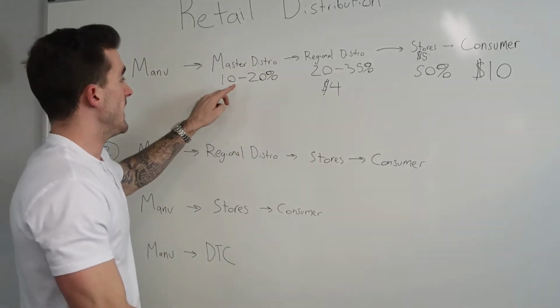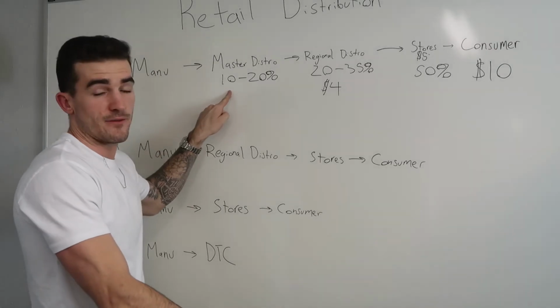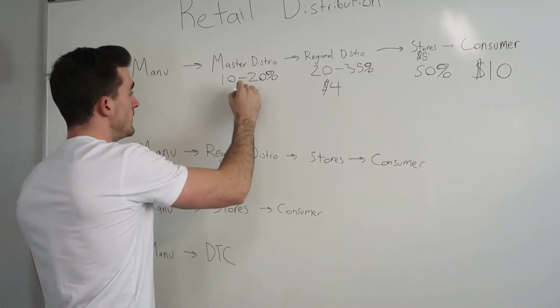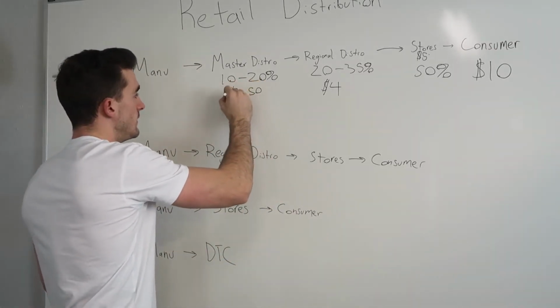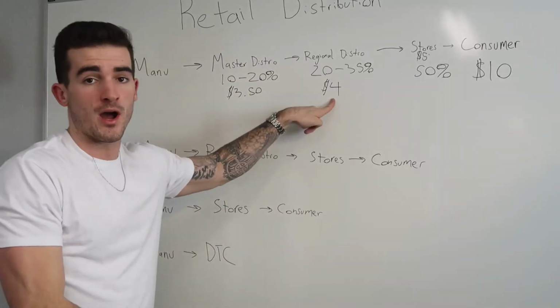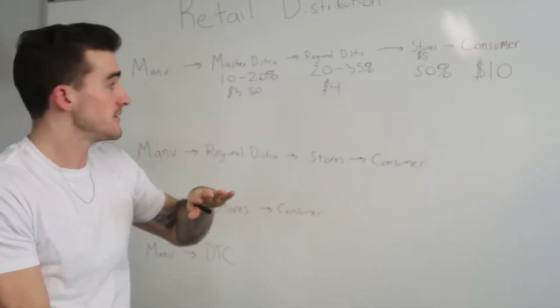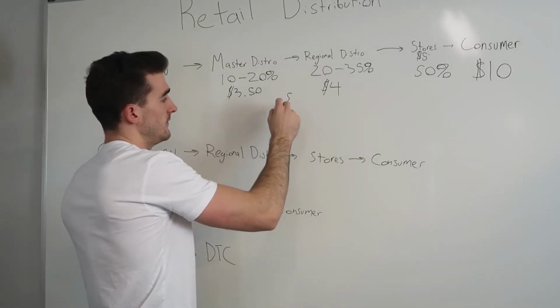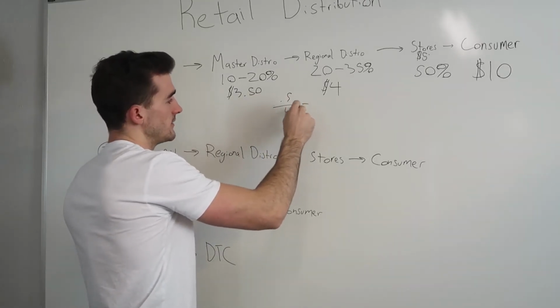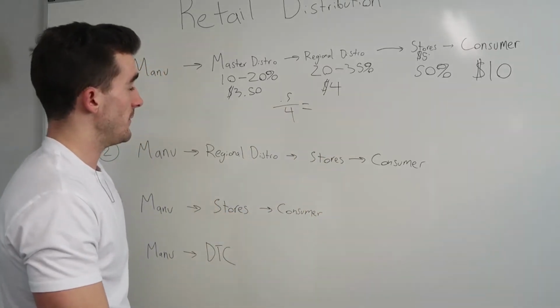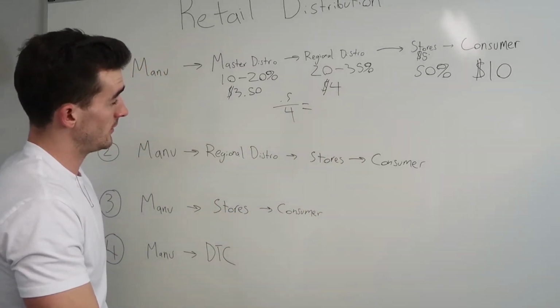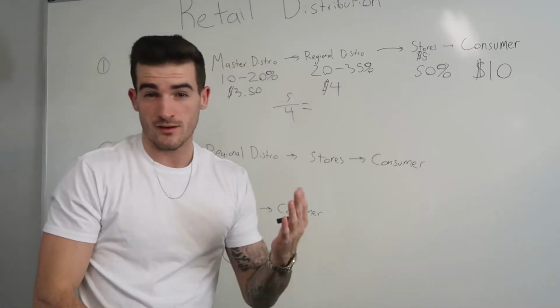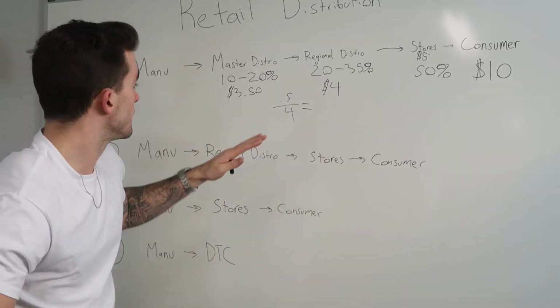So if they buy something for $3.50 and they sell it for $4, that means they made 50 cents. If you take 50 cents and divide that by $4, I believe that comes out to like 15 or 16%, somewhere in that range.